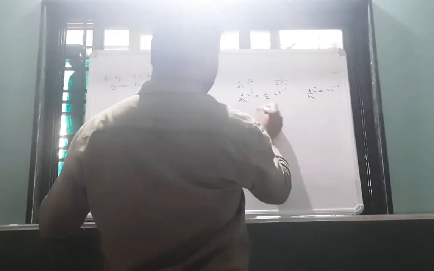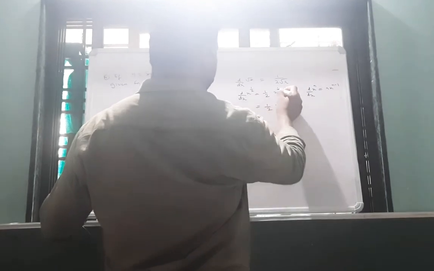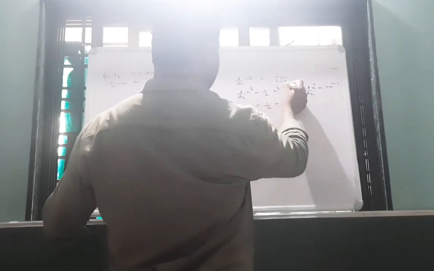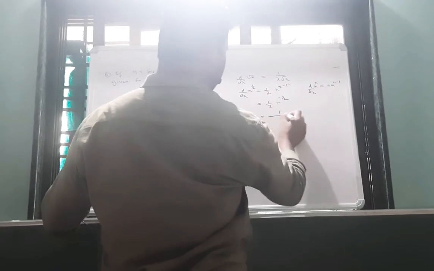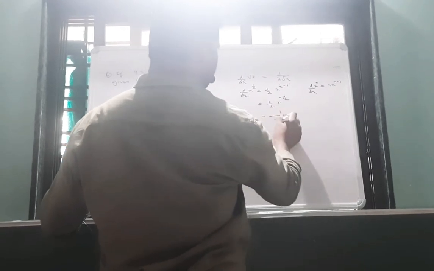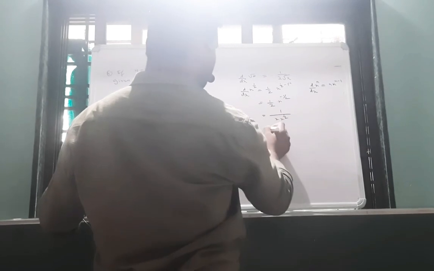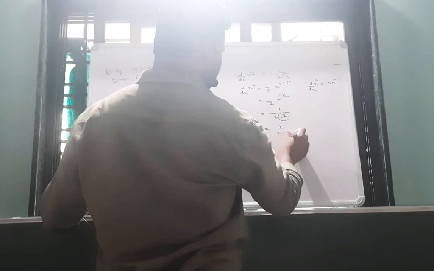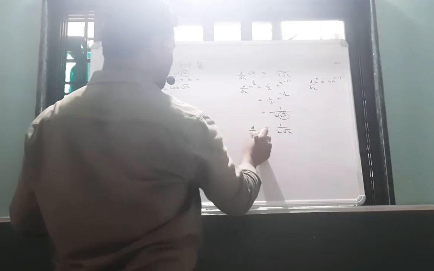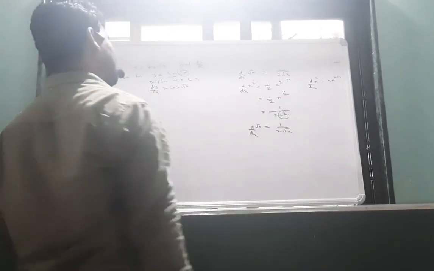The LCM is 2, so 1 minus 2 is minus 1 by 2. So it is 1 by 2, with x to the minus 1 by 2 taken to the denominator, which is root x. So the derivative of root x is 1 by 2 root x.